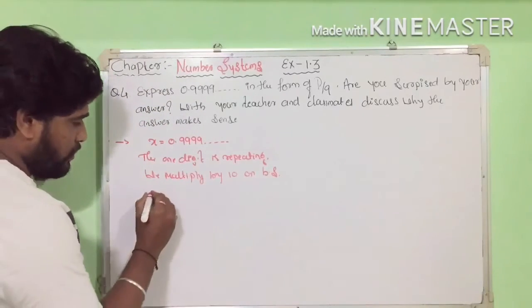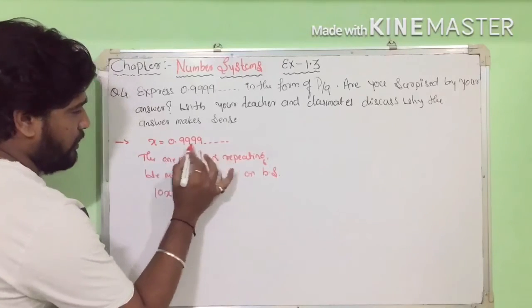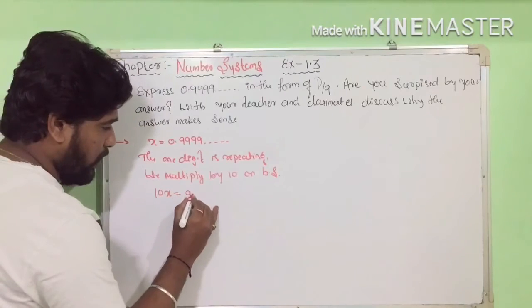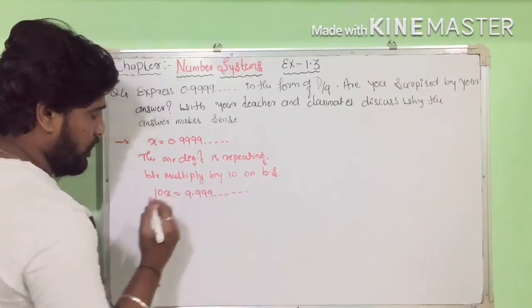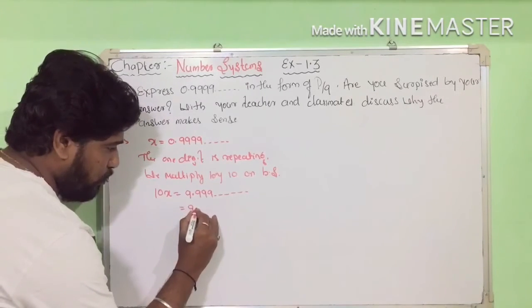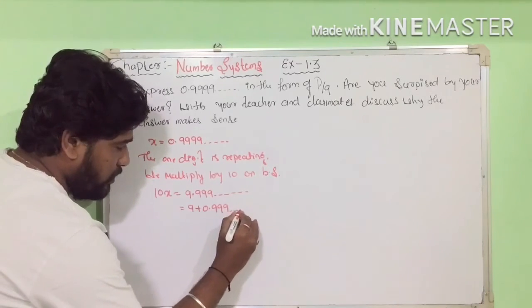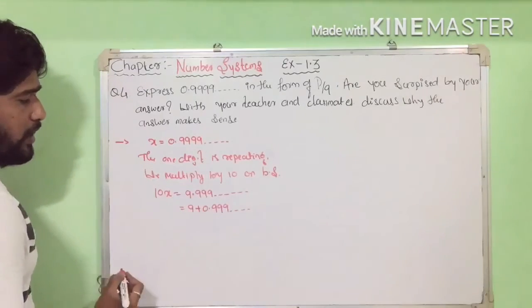So here 10x is equal to, so make a multiplication, 10 means this point comes here, 9.999 and so on, right? So this one we can write 9 plus 0.999. So make this addition, we will get 9.999.